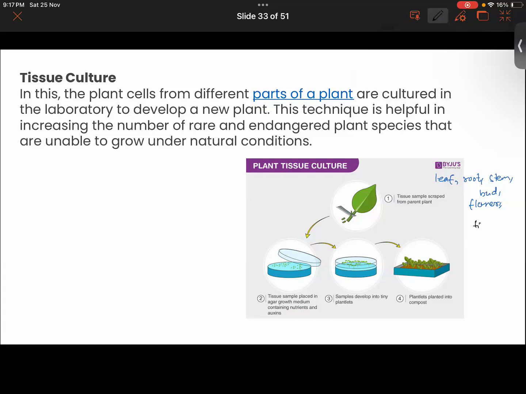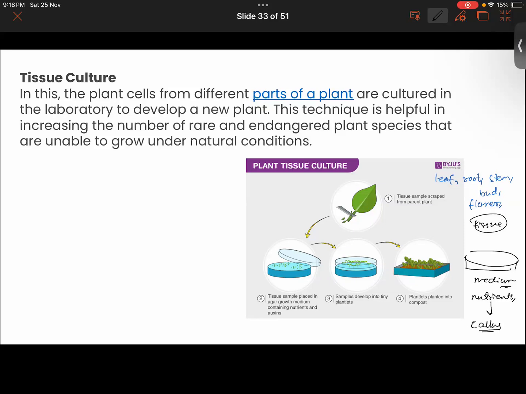I will take some sample of tissue and place it in a special medium, and this medium is rich in different types of nutrients. Now after some time, what will happen? It will develop into a mass of cells. That mass of cells will be called callus.